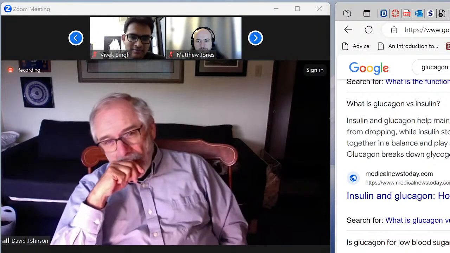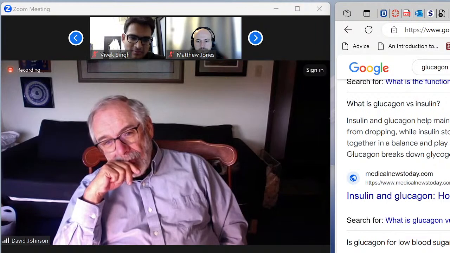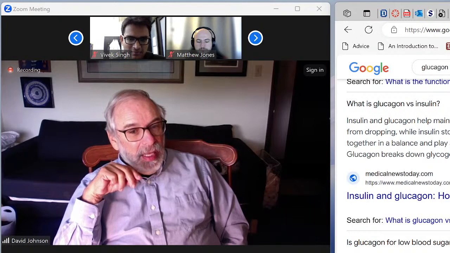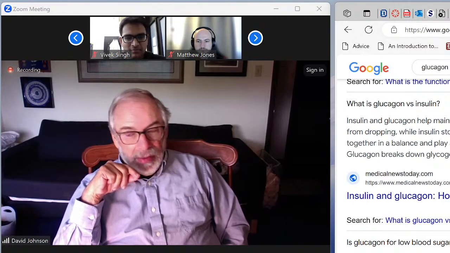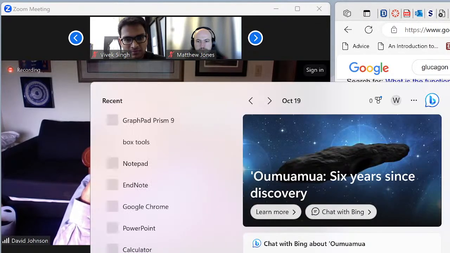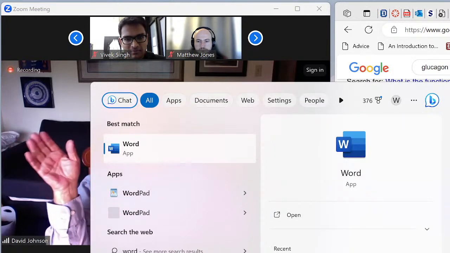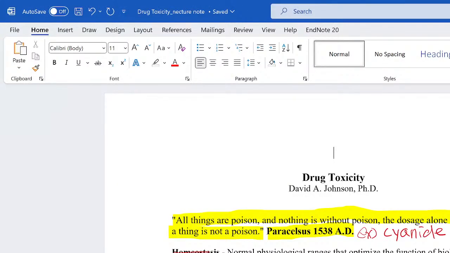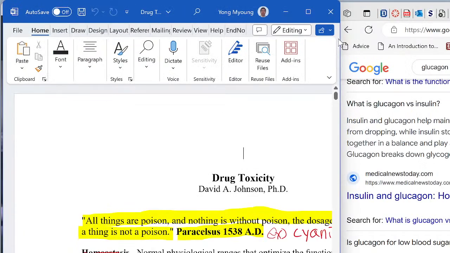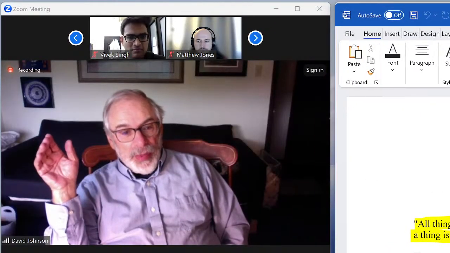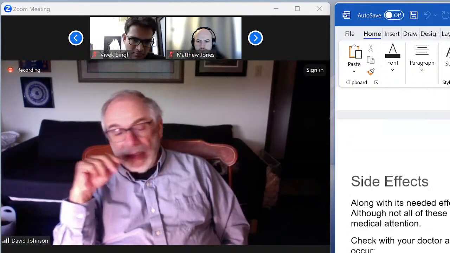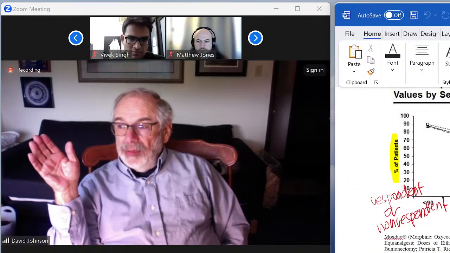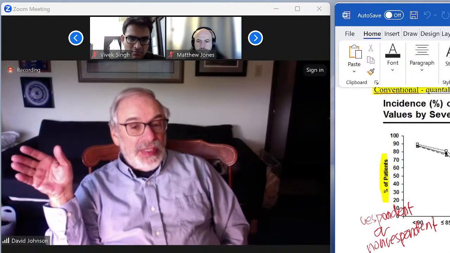So part of the effect of this drug is that these receptors for GLP-1 are located not just in the pancreas, but they're also located in the nucleus of the solitary tract, which means that activation of these receptors in the nucleus produces satiety.